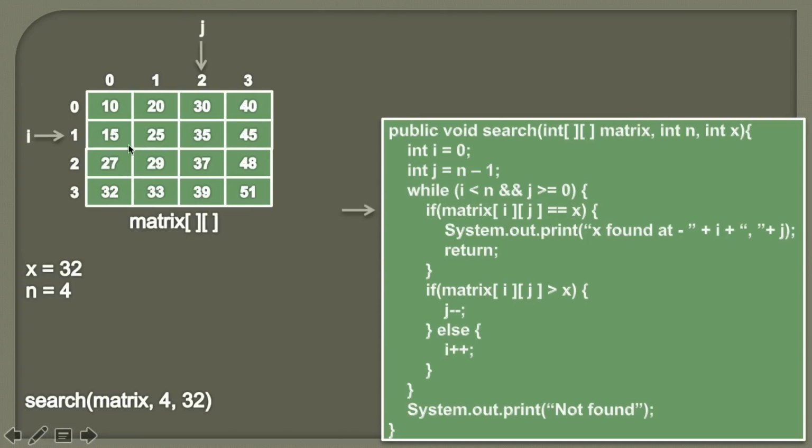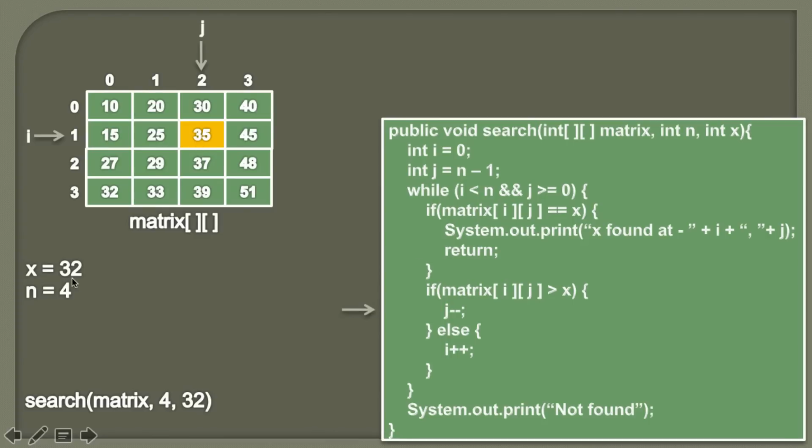So here the value at i comma j, which is nothing but 35, is not equal to x, which is 32. Therefore the condition in the if block comes out to be false. We then check whether the value at matrix i comma j is greater than x or not. So here you can see the value at i comma j, which is 35, is greater than 32. Therefore the condition in the if block comes out to be true.